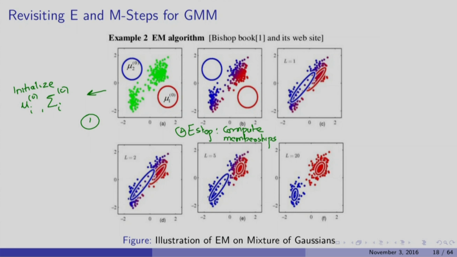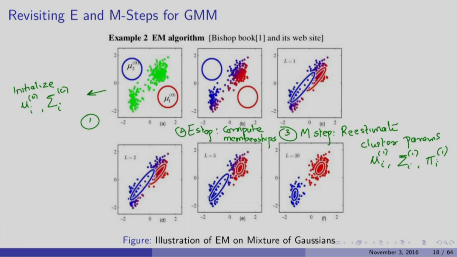These memberships have been indicated in different shades of blue and red respectively in the second plot. In the third plot, you re-estimate the cluster parameters. This is the M step. So what we do here is compute for each cluster I, mu I, sigma I, and now also pi I, and therefore the shapes have changed, the positions have changed.